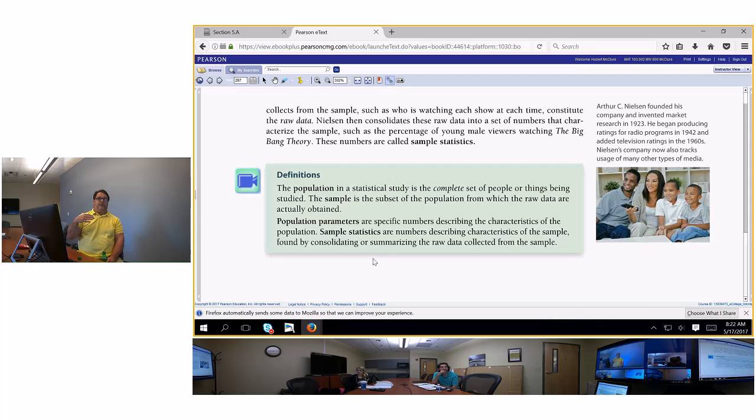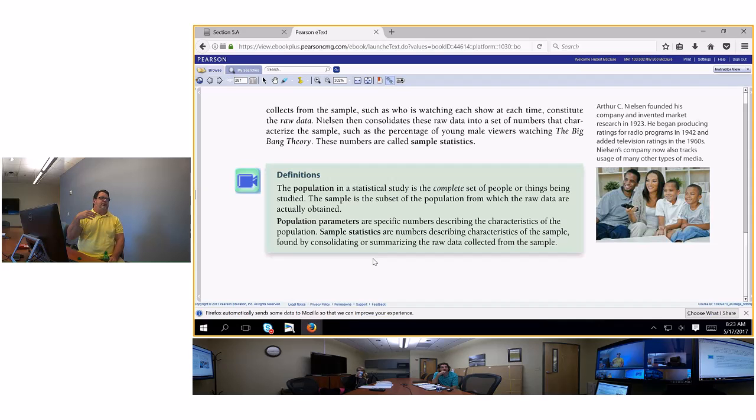So the population would be the whole population of Tri-County Tech. That means the Easley campus, the Anderson campus, the Pendleton campus, and all the other little satellite campuses. I think we're going to have one in Oconee soon, or Pickens, one of the two. And the sample would be whichever smaller sample you're going to use.